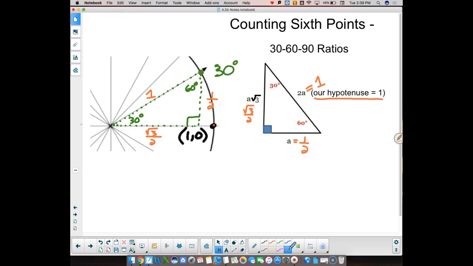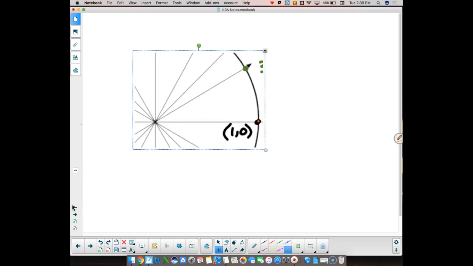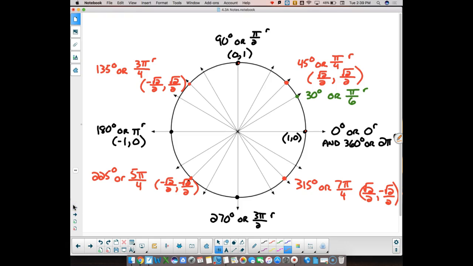Now, because we're going to have 4 of those triangles, in your mind you're going to have to bend that triangle around to make it fit in all of the parts. So let's go back to this one.